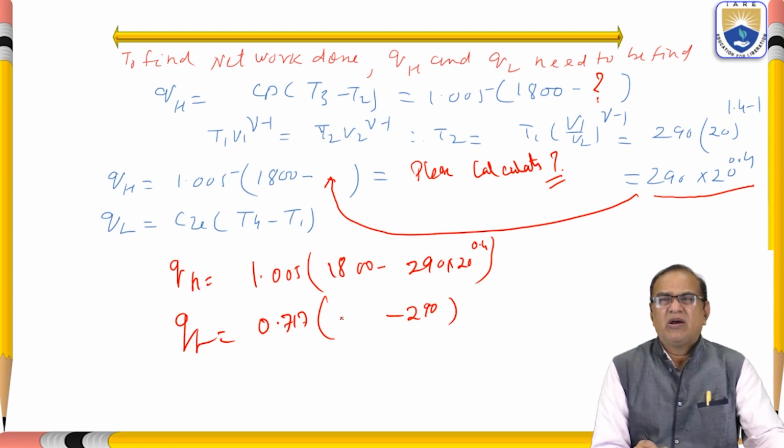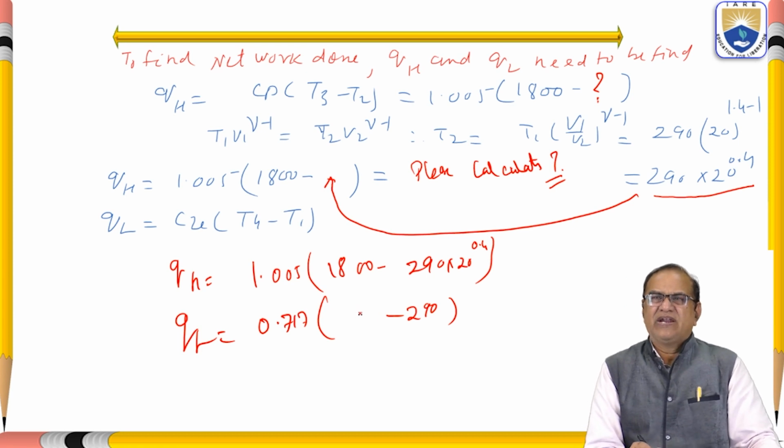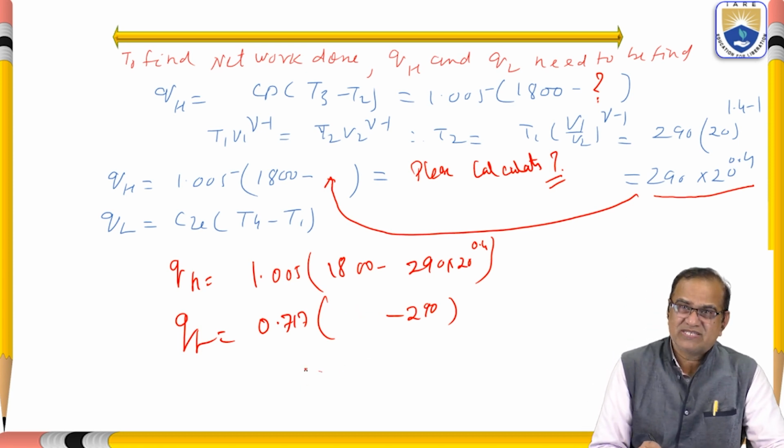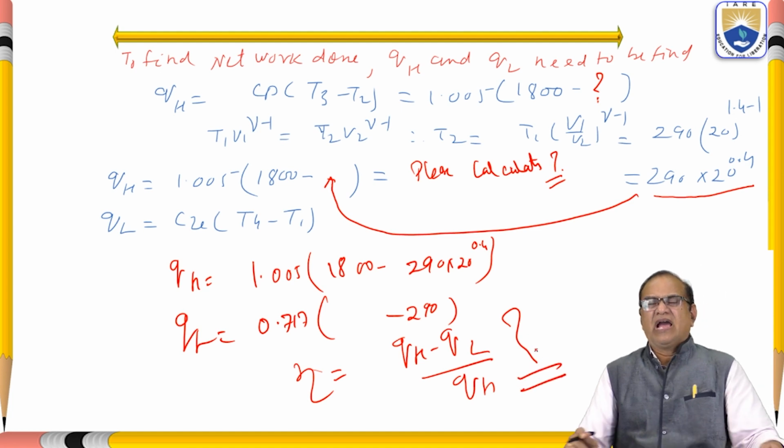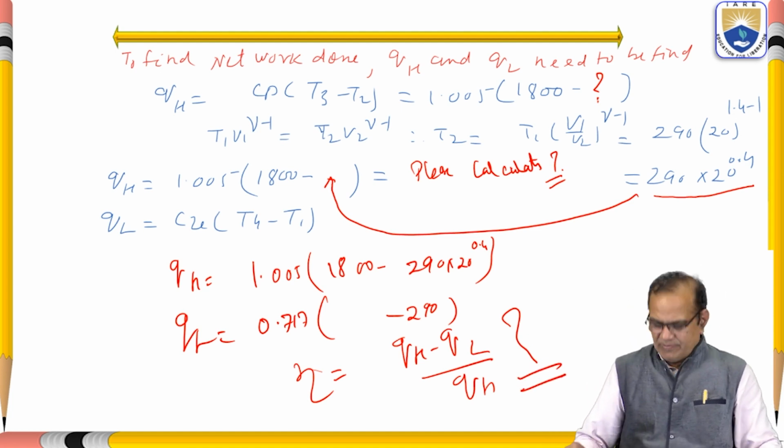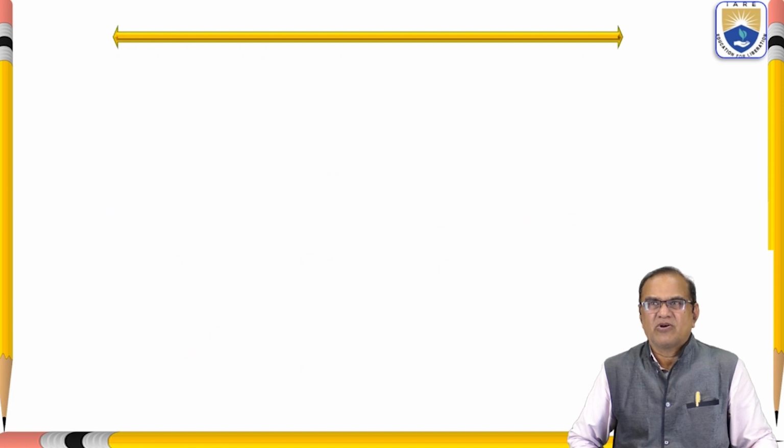So in this way we can do it, and try to calculate this. And eta we can get as QH minus QL divided by QH. So all these things can be calculated with the help of this process.